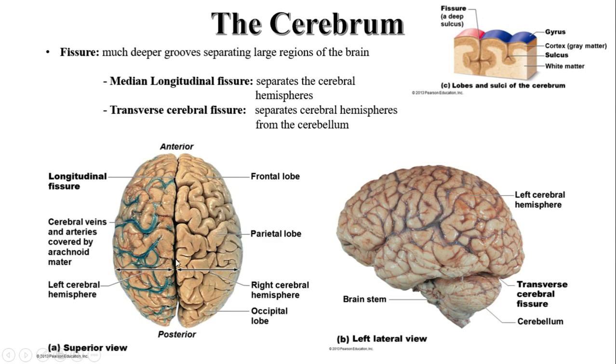You can see it's very deep right here. And then our transverse cerebral fissure right here. Sometimes they even just call it the transverse fissure, but it's going to be separating our cerebellum from our cerebral hemispheres. So those are two very notable fissures. Once again, I put the little diagram here in which the fissure is a very deep sulcus, as you can see here.